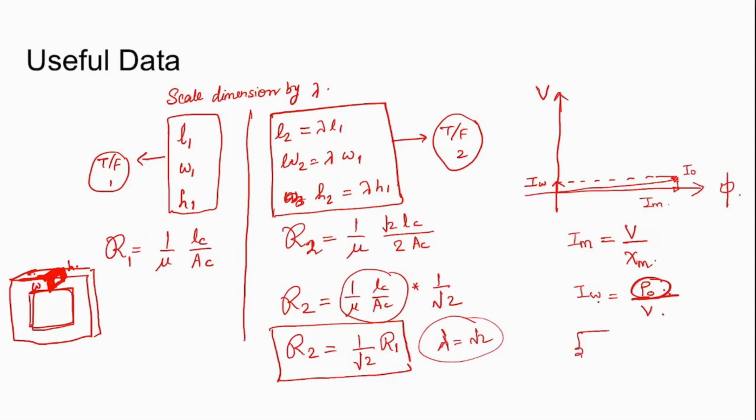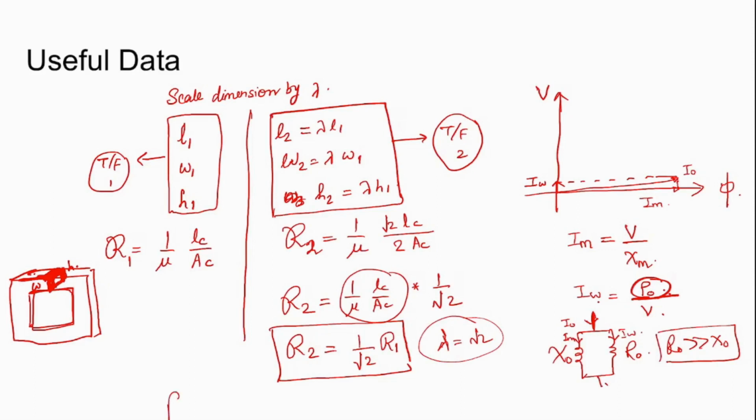This is because of this transformer R0, and this is magnetizing inductance through which the no load current is flowing. Now obviously R naught is much greater than X naught. That is why most of the current flows in the magnetizing branch, and this is the I omega, which is in phase with the voltage. So you need to remember this.